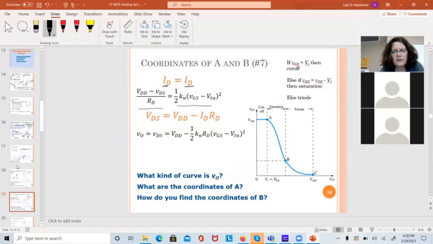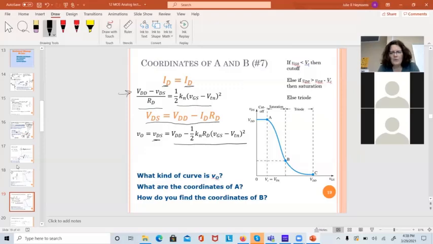If I rearrange it a little bit and solve for VDS, I get VDD minus IDRD. So that's another way of doing it. Or I could just plot and do algebra on this equation. I get VDS is going to be VDD minus that saturation current equation, Kn over 2, times RD times VGS minus VT squared.